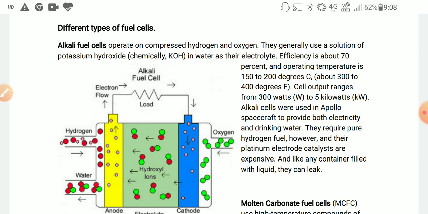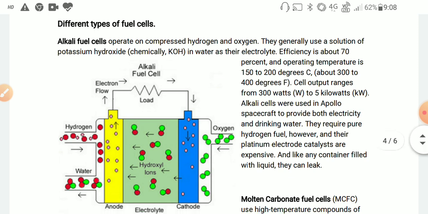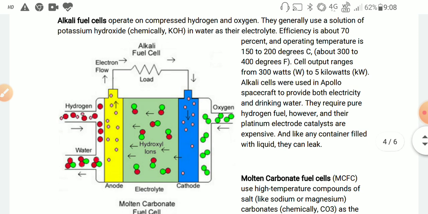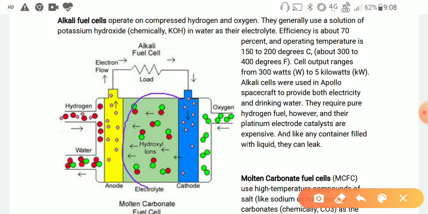If we consider a solution of potassium hydroxide, chemically named KOH, as the electrolyte, then this will be defined as an alkaline fuel cell. For the alkaline fuel cell, the alkaline material is the electrolytic material present here.